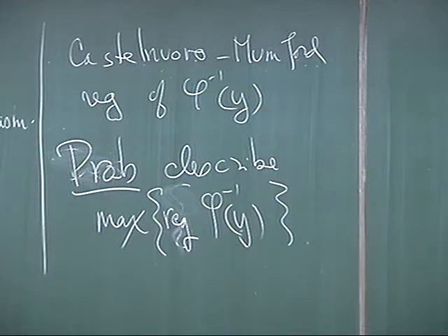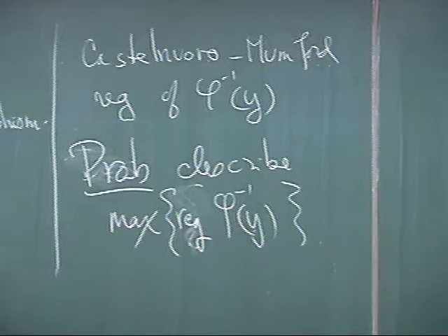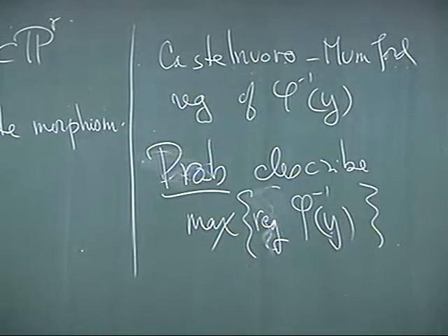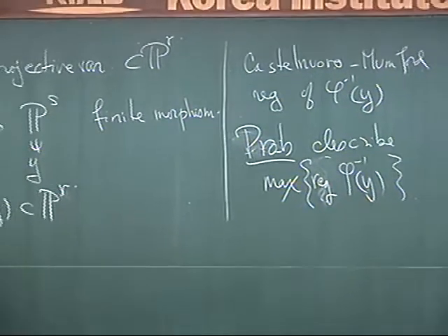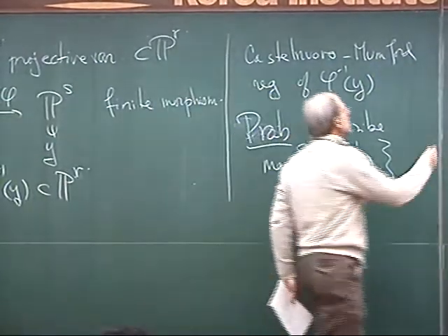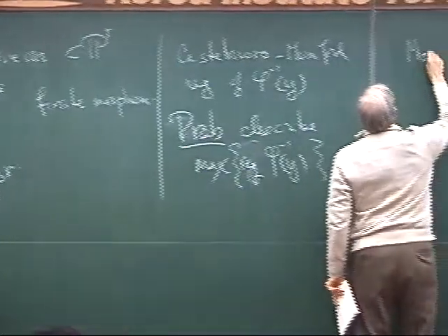One motivation for this problem, which I think is interesting in itself, is the problem of bounding the regularity of a projective variety in terms of the degree. So that's the reason that I got interested in this.